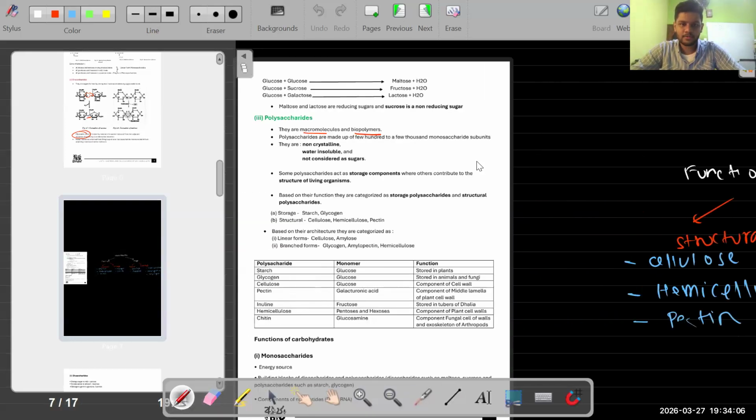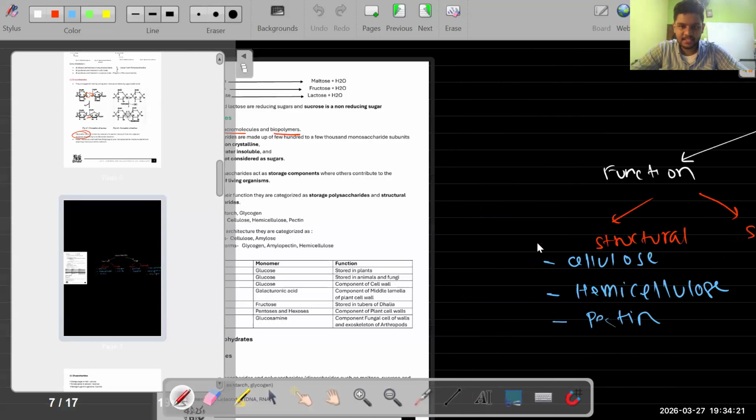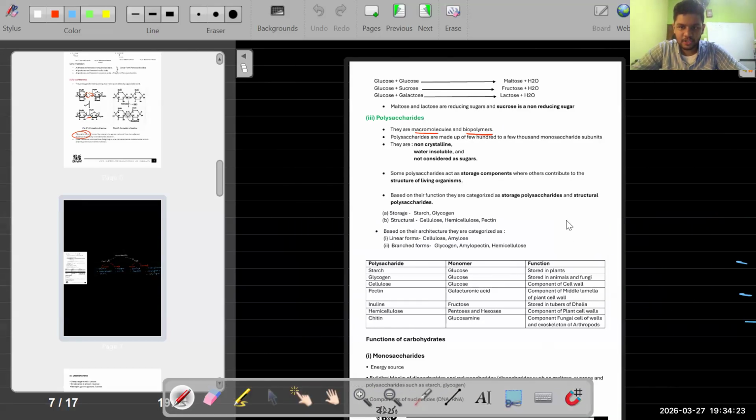All right, let's move back to the note part. Some polysaccharides act as storage components, while others contribute to structure. Based on their function, they are categorized into storage and structural polysaccharides. Examples for storage: starch and glycogen. For structure: cellulose, hemicellulose, pectin.